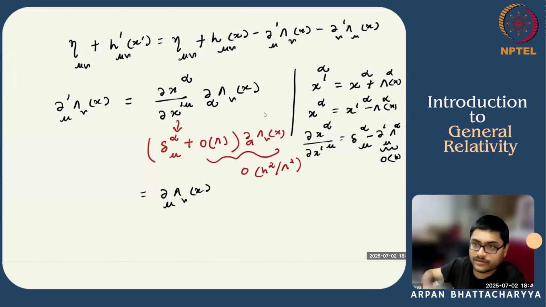Now this is what we need. Remember that here we have eta mu nu, h prime mu nu, we have eta mu nu, h, and these two terms. Now we can say that at the linear level, this del prime of capital lambda is nothing but del of capital lambda. That's it.